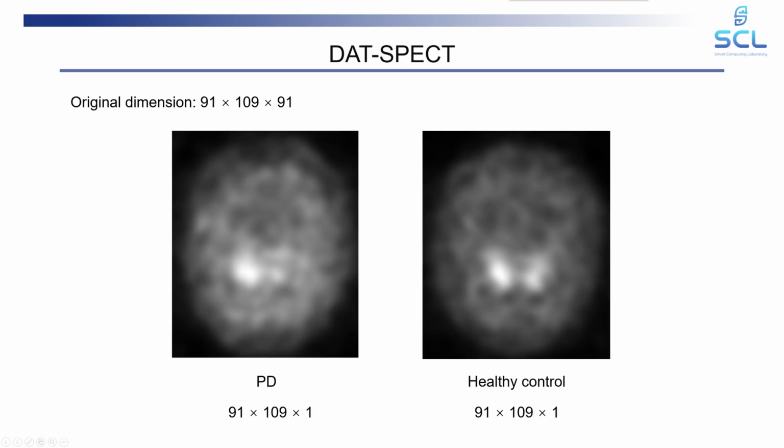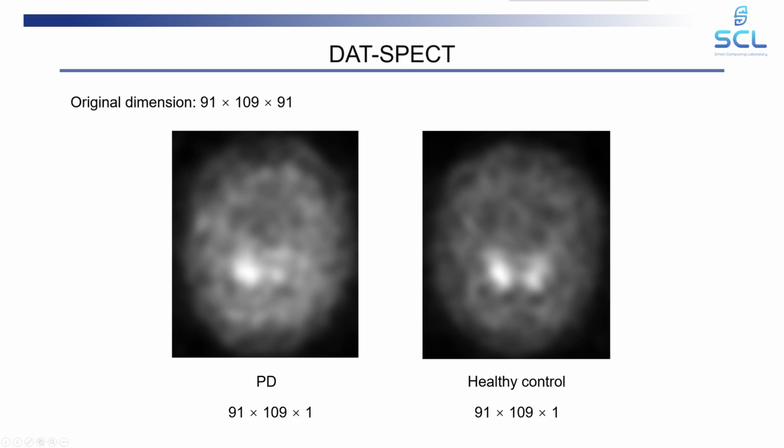The original dimensions of DAT SPECT images in the dataset are 91 multiplied by 109 multiplied by 91. Here are two slices of SPECT images, one from a Parkinson's disease patient and one from a healthy control.